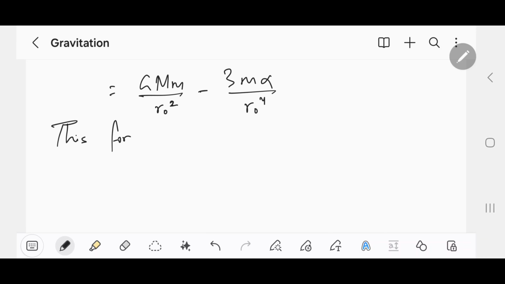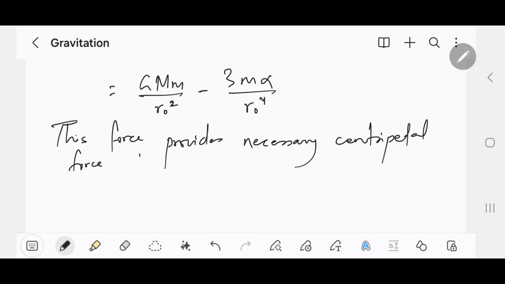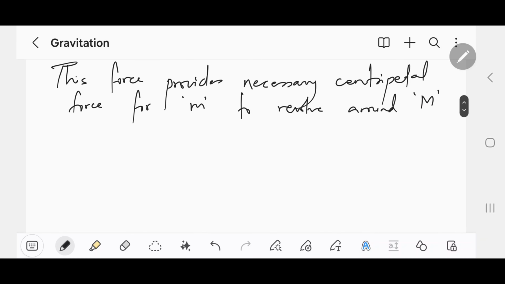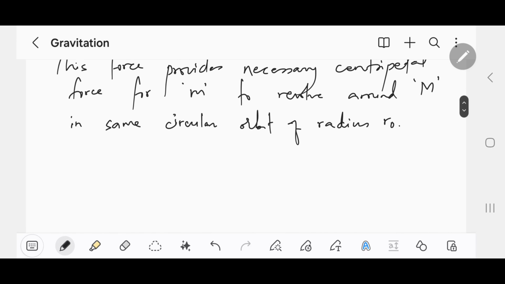This force provides the necessary centripetal force for m to revolve around M in the same circular orbit of radius r naught.